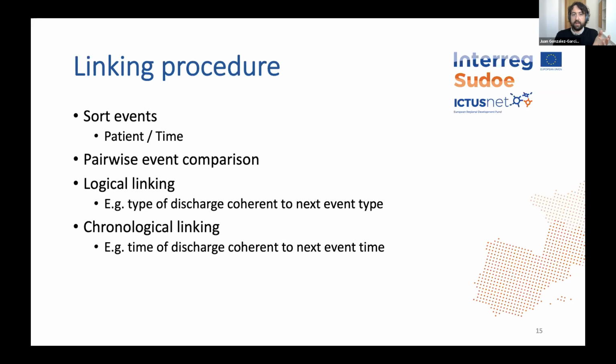For example, if the urgent care states that the discharge was at home, the following one couldn't be admission to the hospital, because it does not follow a logical linking. The same for chronological linking. The discharge time and admission times should follow some coherent time. It couldn't be so separated or overlapping.